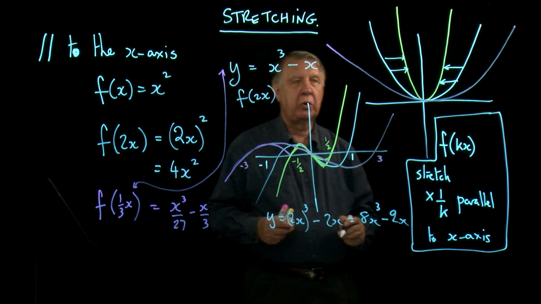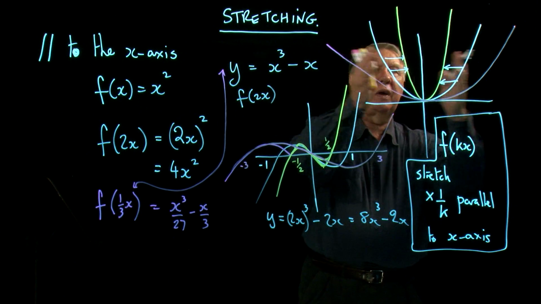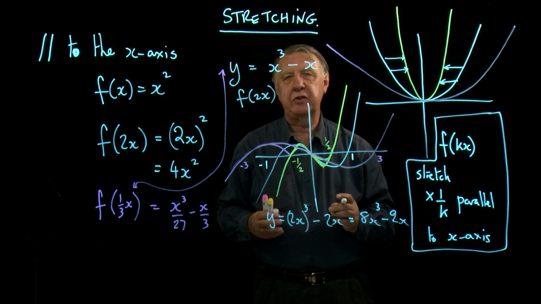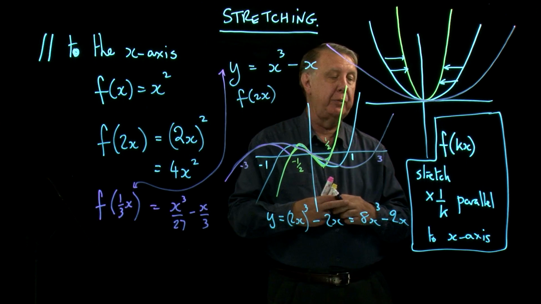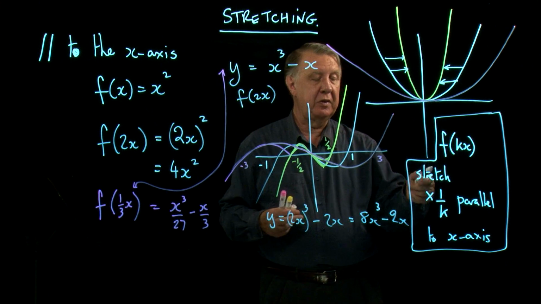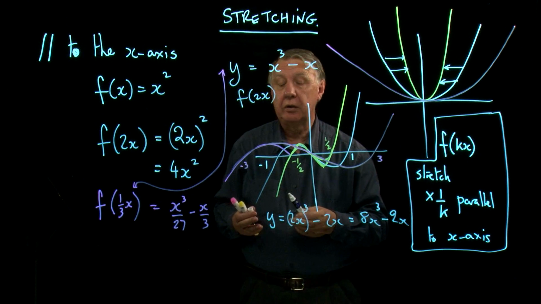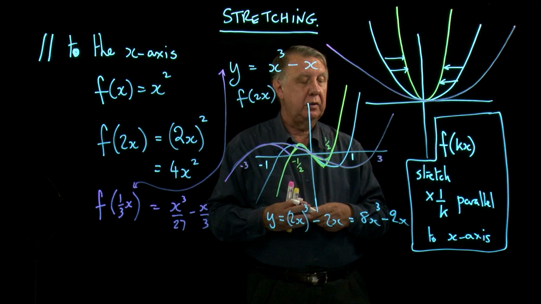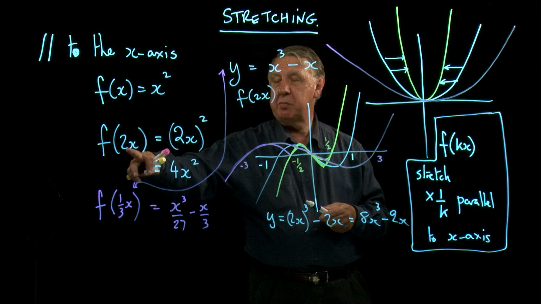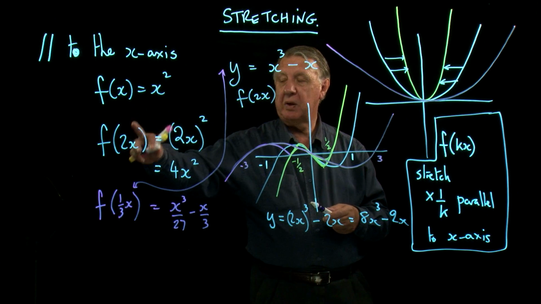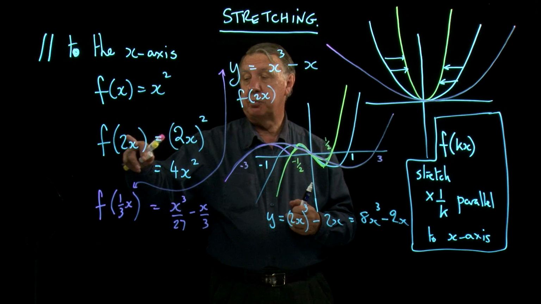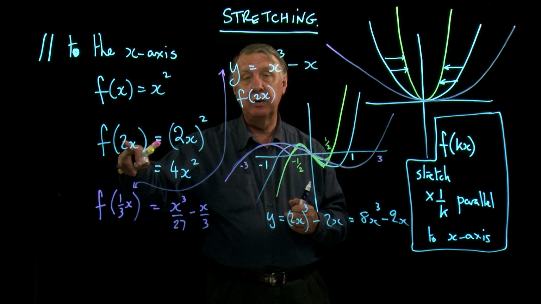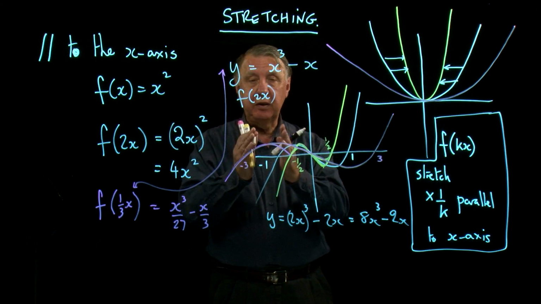And you might say, well, why call that a stretch when it's actually a shrink? Well, that's just the convention. So we refer to it as a fractional stretch, if you like. So remember that if there's a number inside the bracket in front of x, if it's greater than 1, then it will shrink.